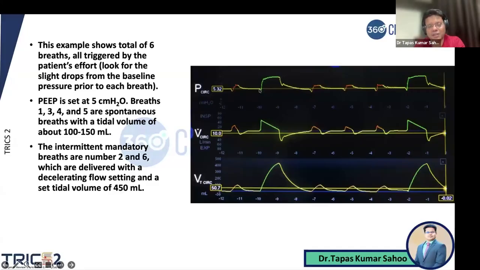That means whenever the patient is trying to breathe on the mandatory breath, the ventilator is also supporting here and your target tidal volume of 450 ml is delivered. But in other areas, the patient is trying to breathe, but there is no mandatory breath supporting here. As a result, only 100 to 150 ml tidal volume is generated.